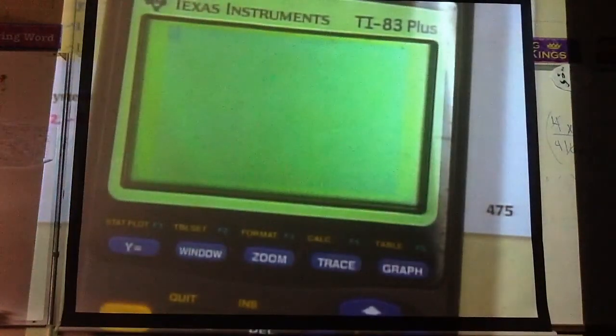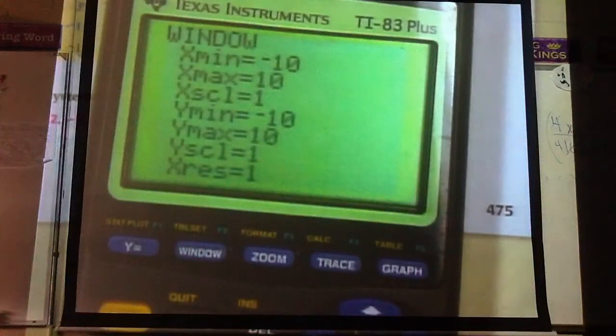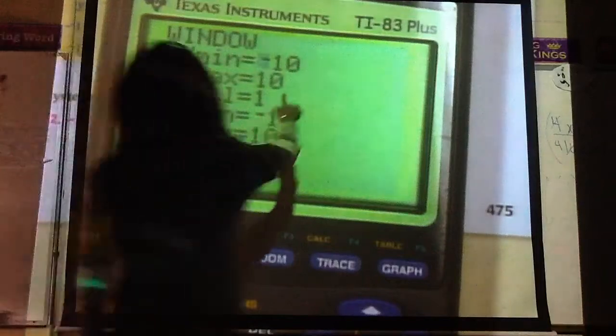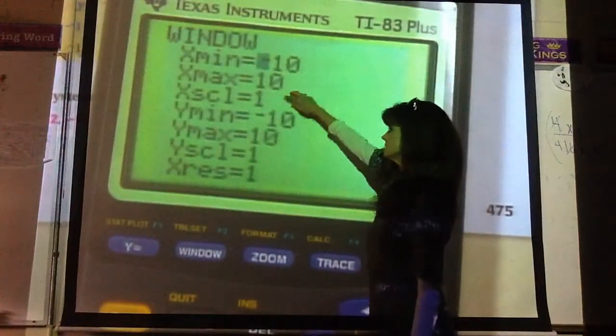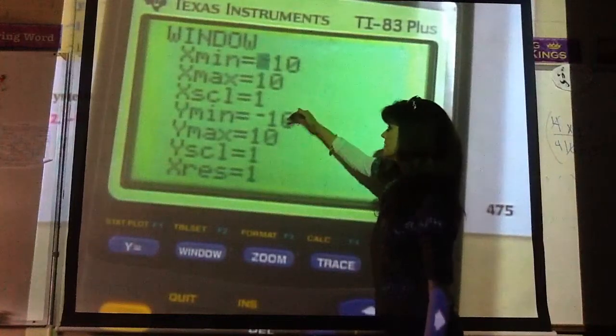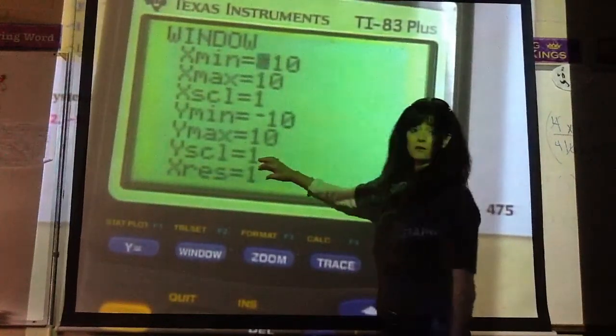The first thing I'll do whenever I'm going to graph is I'm going to hit Window in here, and I'm going to go ahead and set my X min here at a -10 and my X max at a +10. This will be 1. -10, +10, and then everything else is 1.